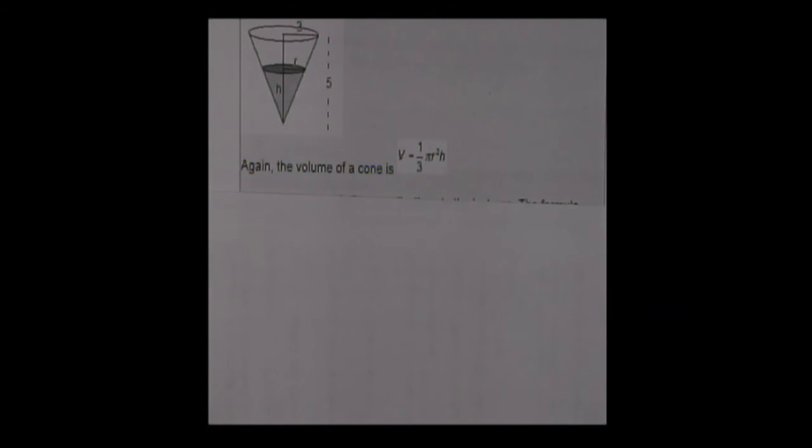Again, formula for cone. Now, remember in the last problem I told you h equals 2r? I didn't tell you that here. But by giving you the dimensions of the original cone, I've actually given you something similar to being able to tell you h is 2r. I've actually told you the ratio between h and r.